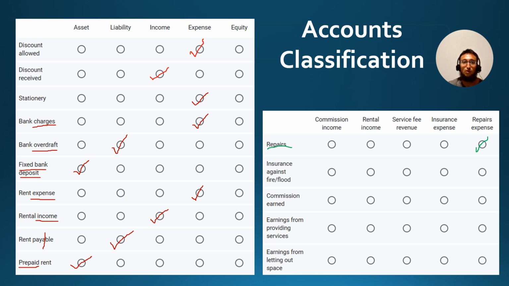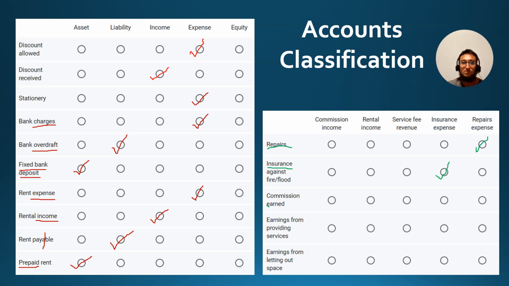This is another cost to a business where the business may want to purchase some form of insurance in order to protect themselves should something negative happen. This cost is an expense, and the item related to this cost is insurance. Therefore, insurance expense.